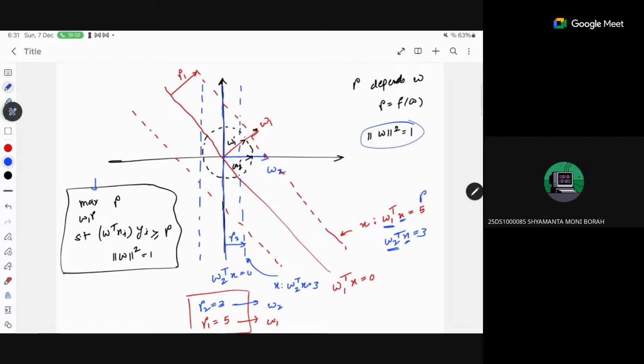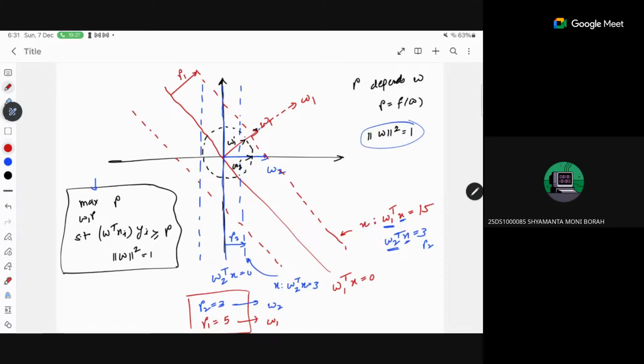So this gamma 1 depends on W1, and this gamma 2 depends on W2. If I change the length of W1, and the length is more, what will happen to gamma here? It will also increase accordingly. It may become 15, suppose.